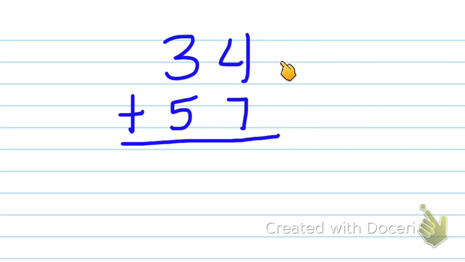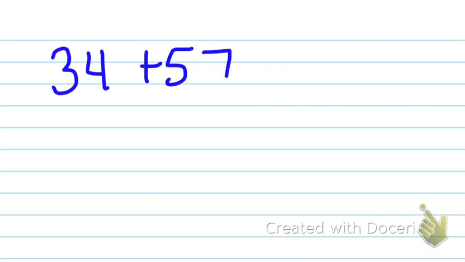So if your addition strategy is vertical, you use it vertically. If your addition strategy is the one where you have to use it horizontally, you write your addition problem horizontally. So go ahead and pause the video to solve the problem. Once you're ready, click on play.